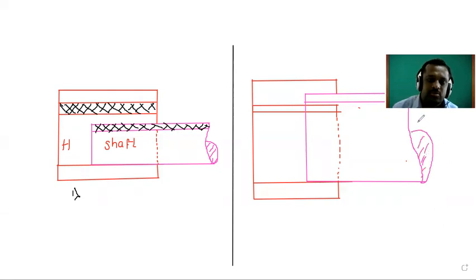Imagine, suppose this is the shaft now. This is the shaft and this is the hole here. Then tell me, what is the tolerance zone for the shaft and hole? Please tell me faster.